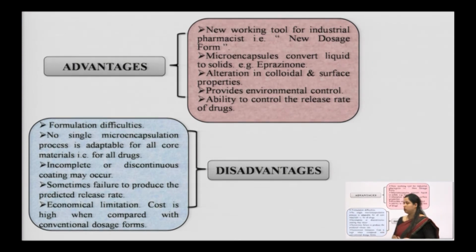Economical limitations: definitely the process of making microcapsules is not cheap, it is expensive, because we are using a variety of ingredients like organic solvents and high-level equipment. So, microencapsulation manufacturing is a bit expensive.